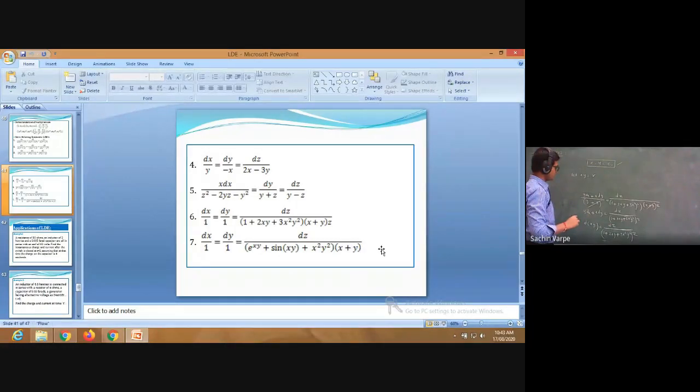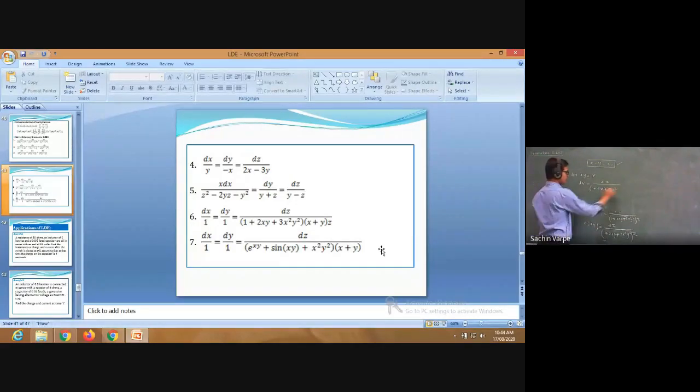For xy equal to v, we can substitute here. The derivative of v, that is dv, is equal to dz upon (1 plus 2v plus 3v square) into z, isn't it?